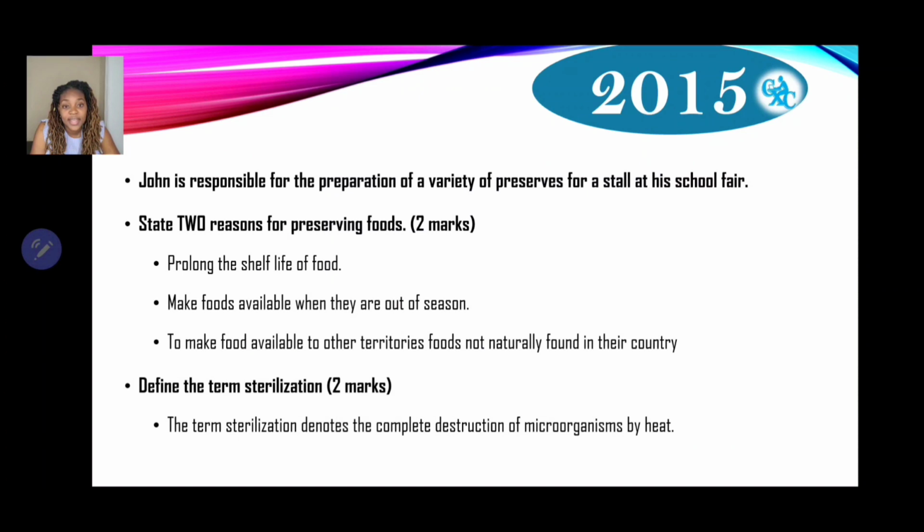Good. Next, define the term sterilization. 2 marks. The term sterilization denotes the complete destruction of microorganisms by heat, right?